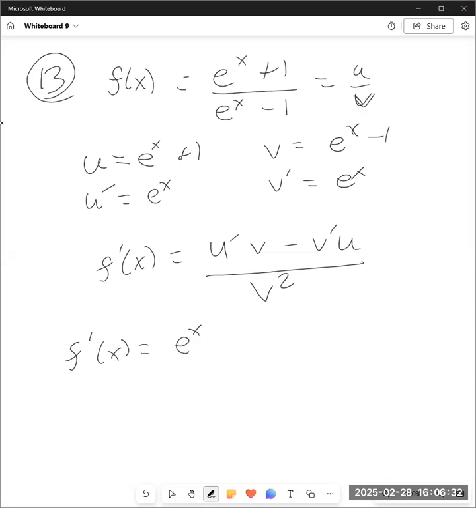So that's e to the x times e to the x minus 1 minus e to the x times e to the x plus 1 over v, which is e to the x minus 1 quantity squared.